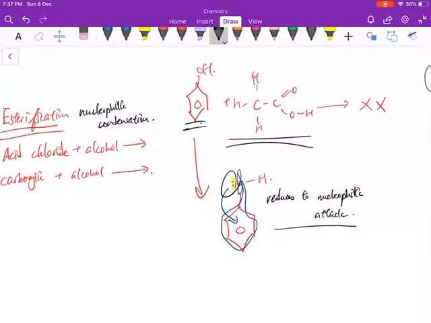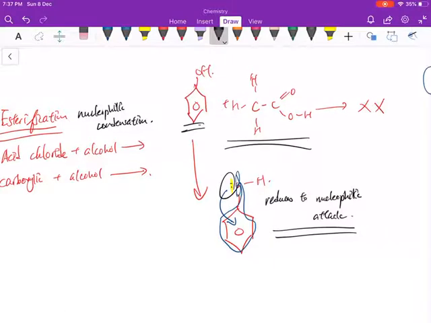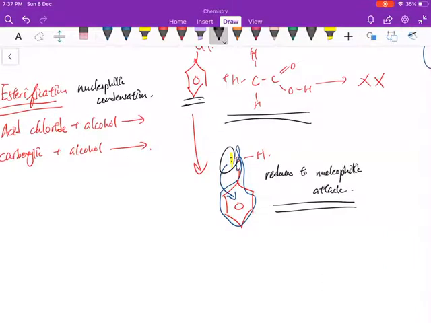I know it's a bit wobbly just now, so I'll say it again. The lone pair of electrons in the oxygen is delocalized in the pi bonding electron ring. So that means the oxygen atom is less likely to be a nucleophile, or really the whole species of phenol is less likely to be a nucleophile, because if you think about it, the lone pair spends the majority of its time here, whereas we really need it in the oxygen atom.